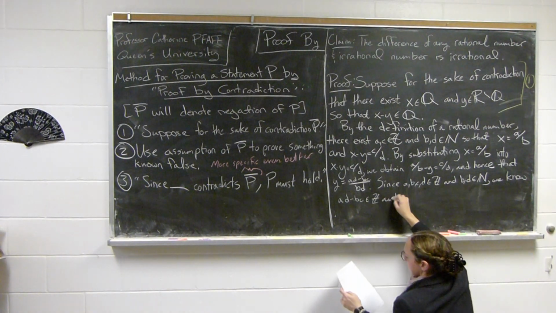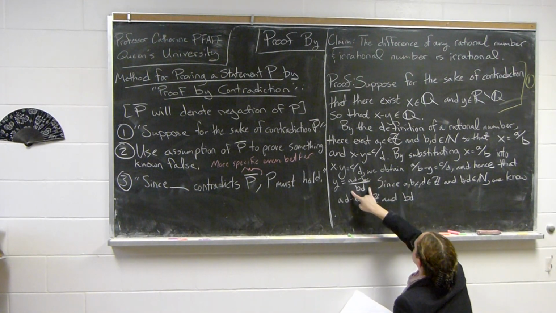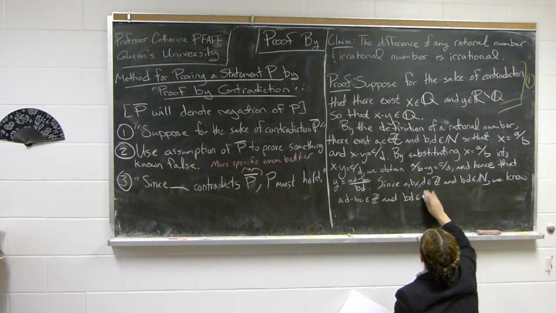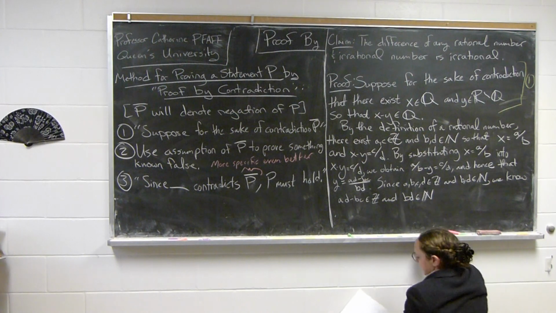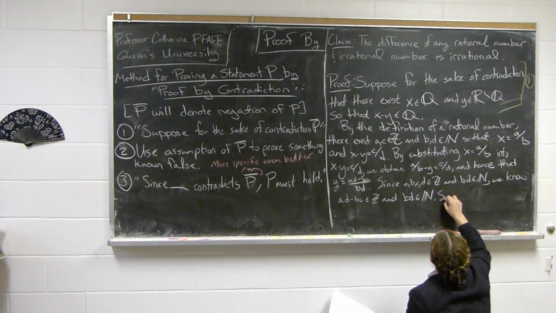And we know that this product right here, bd, is a natural number, because the natural numbers are closed under multiplication. So, and here's our contradiction.